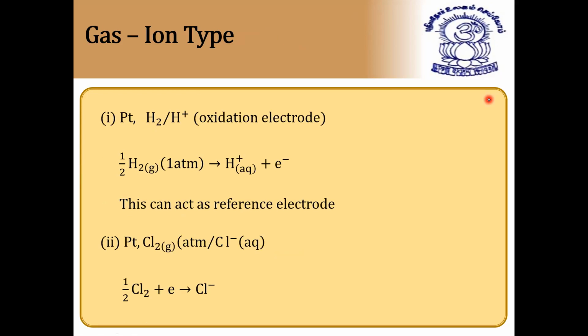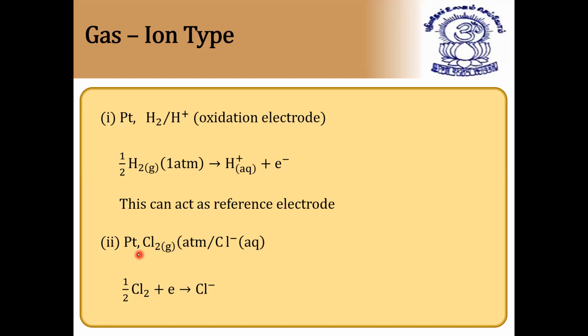So whenever you are using gas, we have to use inert electrodes, that is platinum. So here, platinum, H2, H plus is an oxidation electrode. Here hydrogen changes from 0 to +1. So 0 to +1 is an increase in oxidation number, and an increase in oxidation number is called an oxidation electrode. So half H2, 1 atmosphere, changes to H plus plus electron. This can act as a reference electrode.